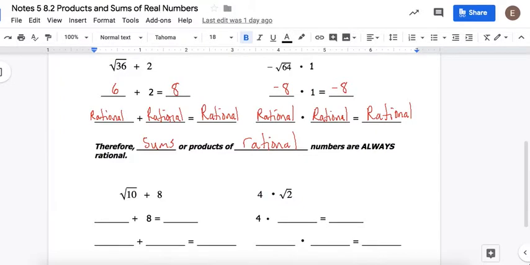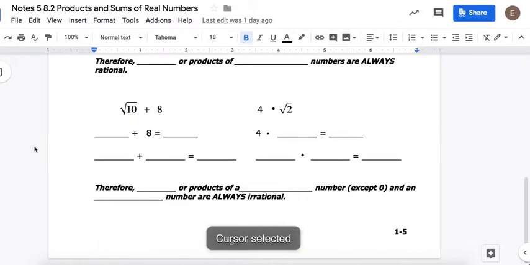Okay, let's look at our next group of sums and products. So we have the square root of 10, and the square root of 10 is 3.1622... And when we do our classwork, we're going to go to 4 places after the decimal. That's what it says to do on our classwork.